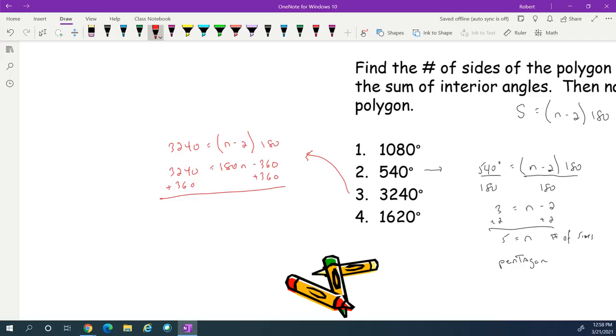So we have 3,240 plus 360 is 3,600. And now we'll divide by 180 to isolate the variable. And we get 20. So this is a 20-gon. Just showing you different algebraic approaches, but the problems are exactly the same.